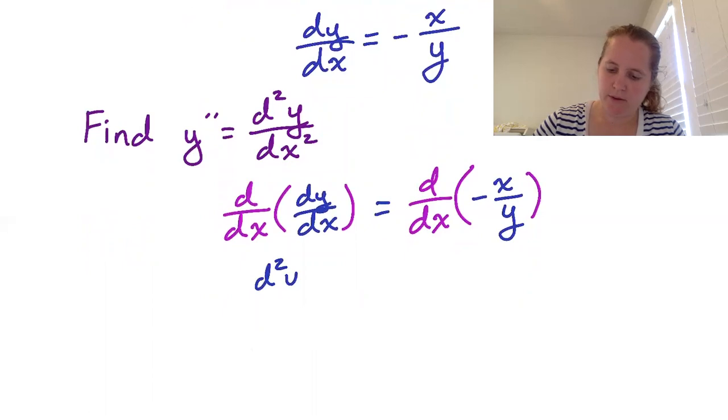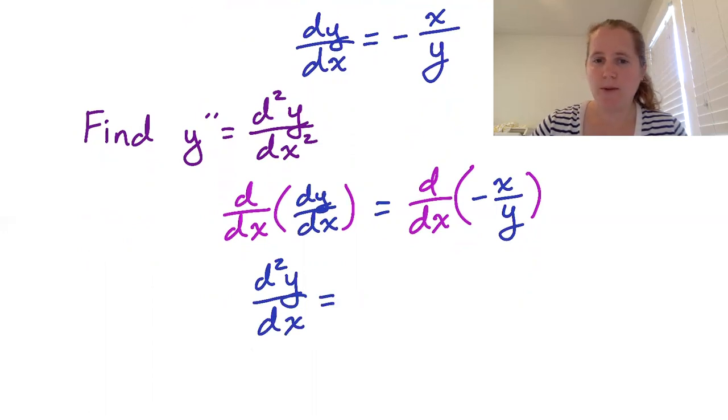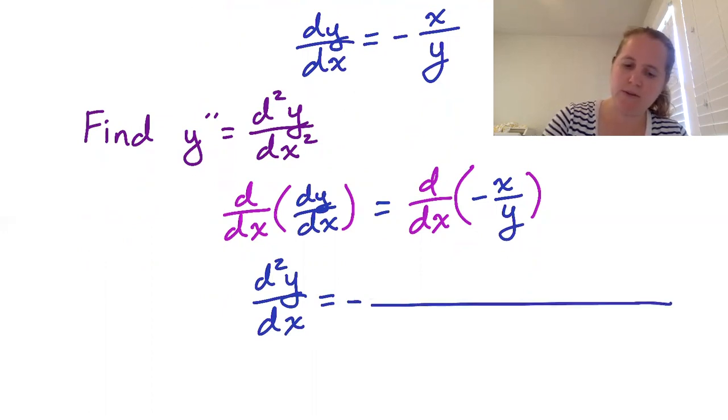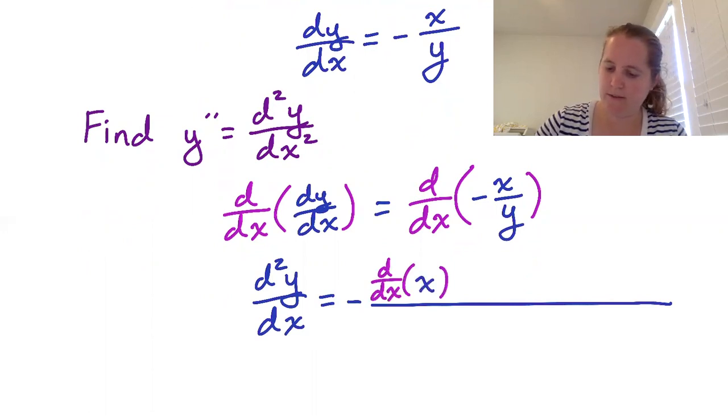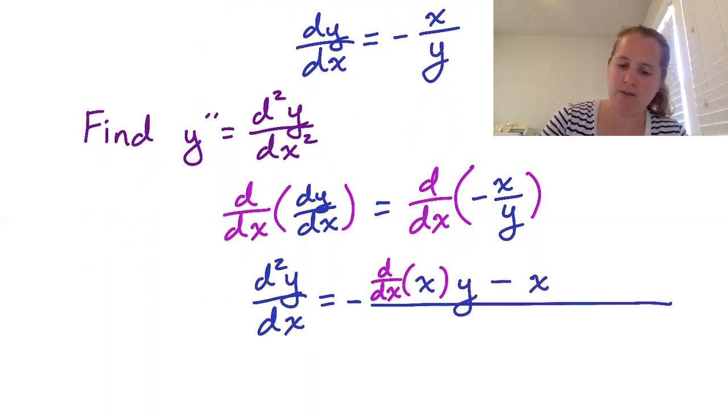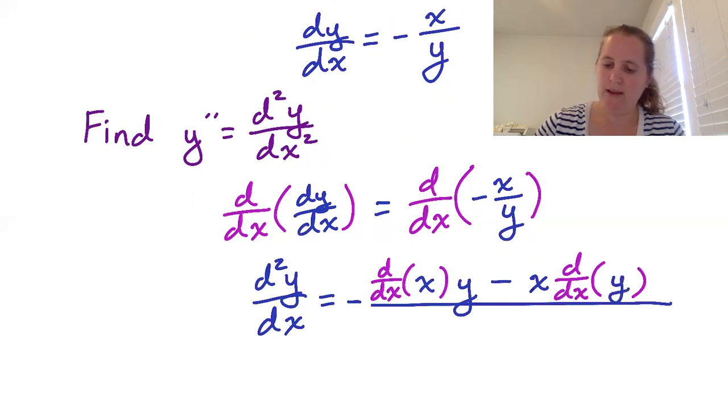We have d squared y dx squared is equal to, this is a quotient rule problem. So again, the quotient rule, we can keep that negative out front. And then the quotient rule says we do the derivative of the first, so the derivative of x, times the second, times y, minus the first, x, times the derivative of the second, so times the derivative of y, and then all of that over the second squared, so all over y squared.